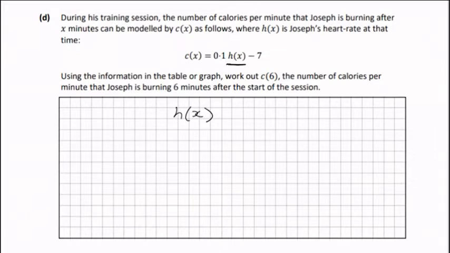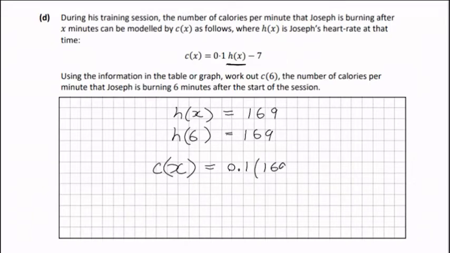So after 6 minutes, the h of x, remember from the plot, is 169. That's the beats per minute. So all we need to do, our h of 6 is 169. So we have that already. This is more of a composite function because it has 2 functions in one.